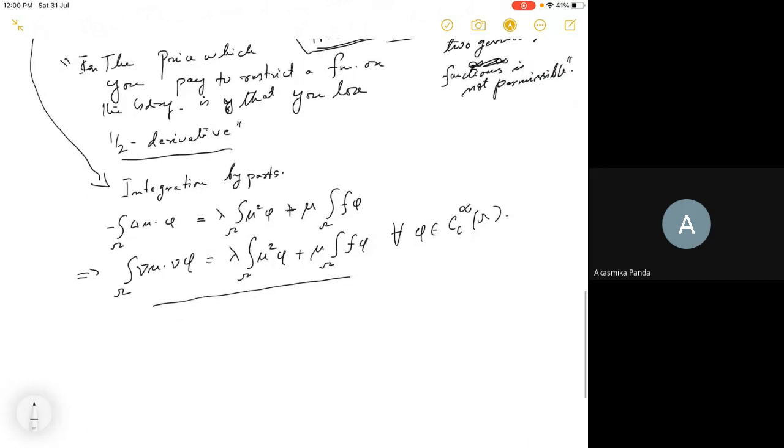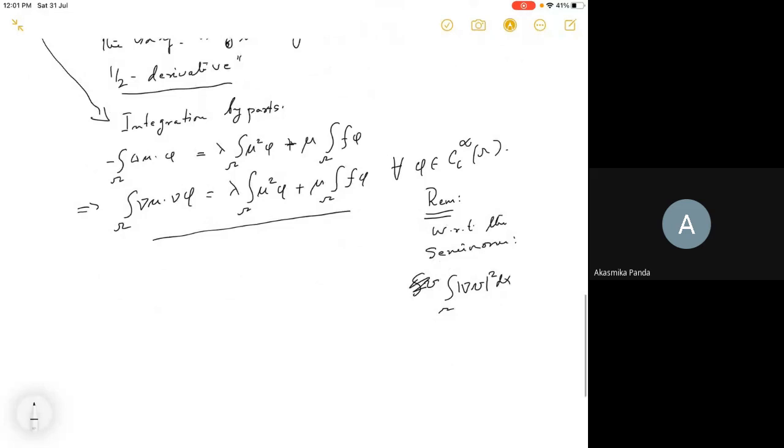But then with respect to the norm, this is again a passing remark, with respect to the semi-norm rather, because this is actually not a norm. So with respect to this semi-norm, I'm just representing it with a modulus kind of symbol.